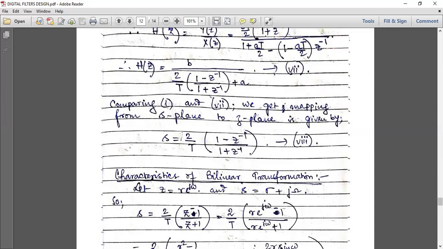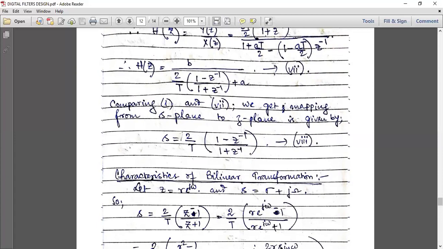So now come to the characteristics of bilinear transformation. Let z equal to r into e to the power j omega and s equal to sigma plus j ohm. So s equal to 2 by T into (1 minus z inverse) by (1 plus z inverse), which simplifies to (z minus 1) by (z plus 1). Now in place of z, we put r into e to the power j omega.